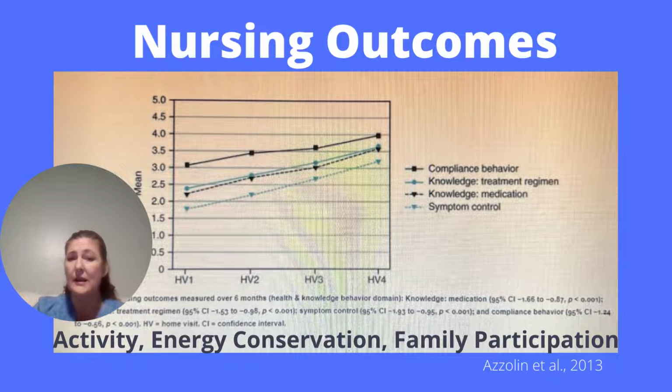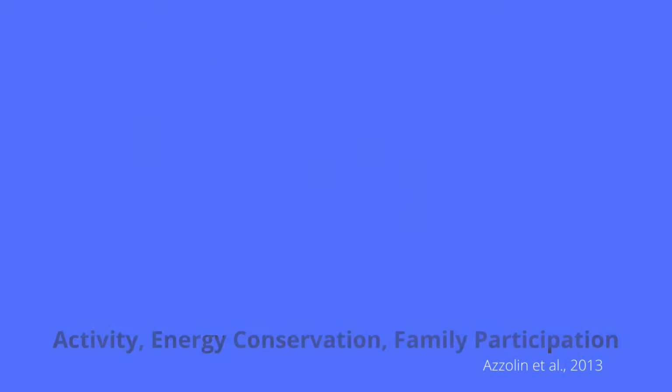Now, they all started at different ranges. We'll say they average around 2.5, which, if you remember, 1 was not a very good outcome, and 5 was the best outcome. So we reached all the way to the 4, 3 and 4 for most of these. So that was very good, given all the interventions that were put into place and implemented.